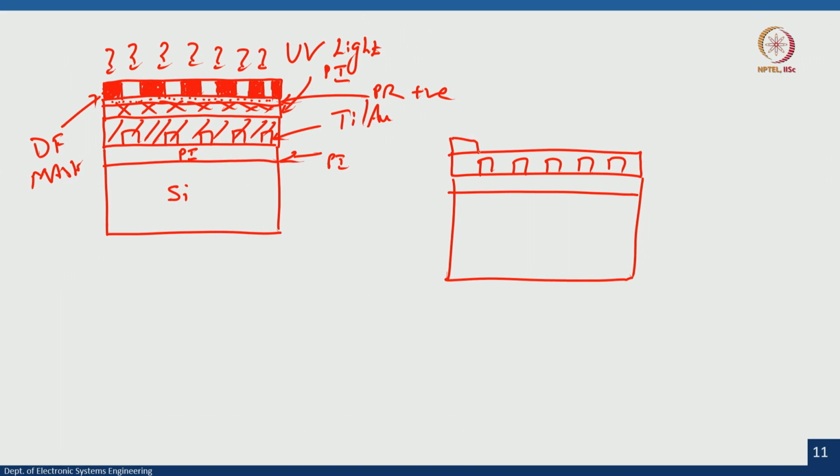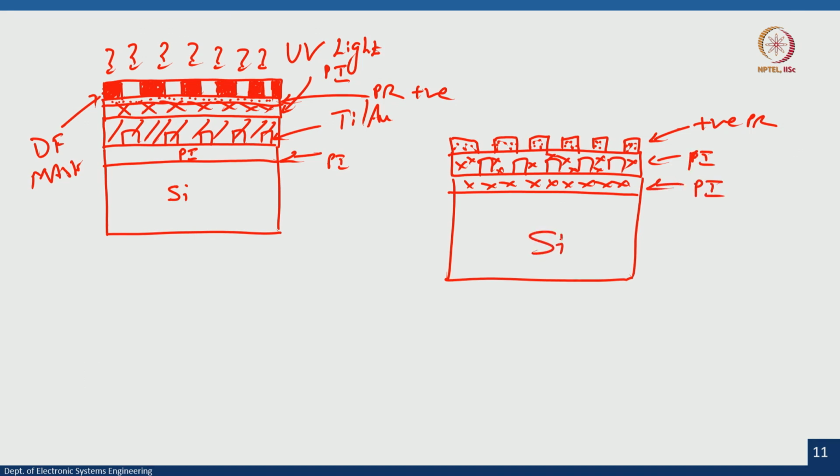So, this is a photoresist layer, because the unexposed region becomes stronger, right, and this cross that I am drawing here is a PI, right, because PI is an insulator, PI is the substrate, this is silicon, this is titanium gold.